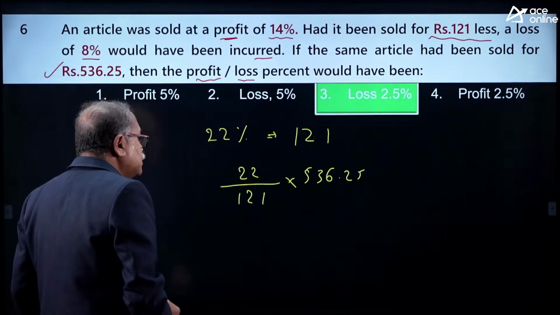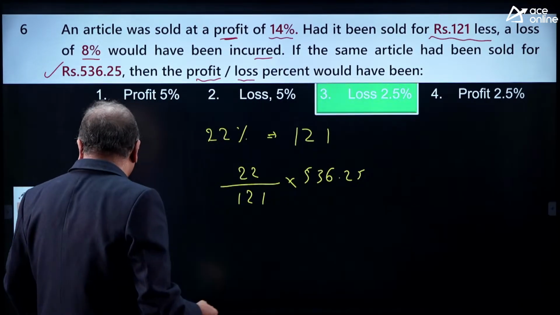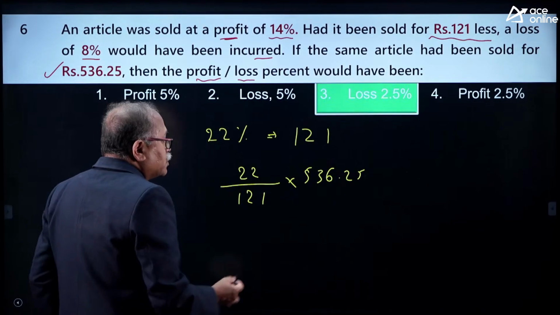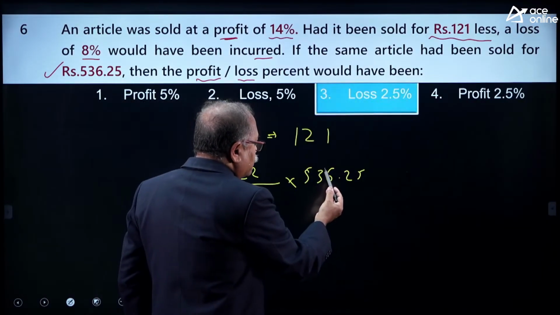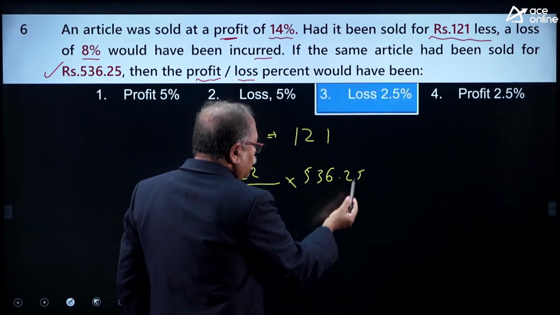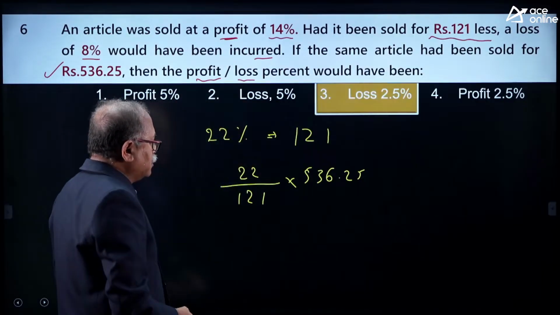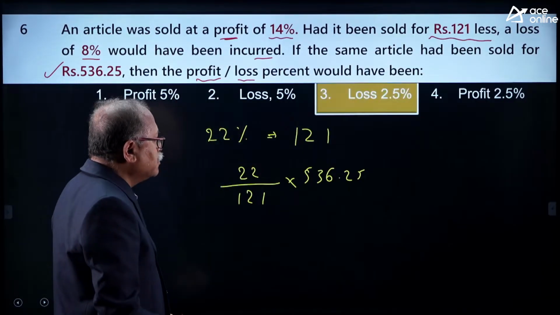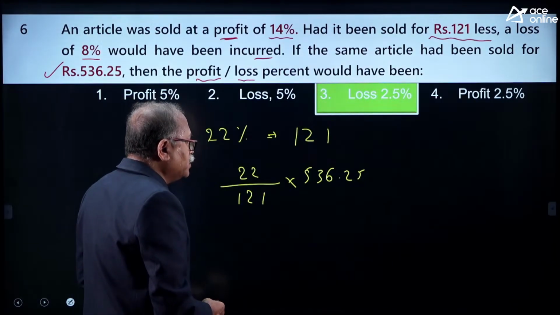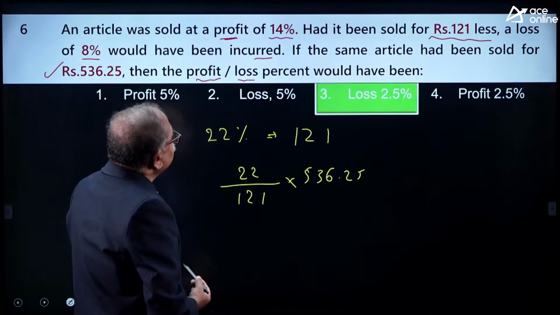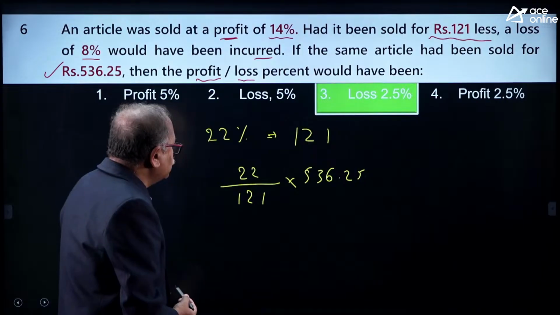If I cancel this, I notice that both numbers should get cancelled by 11, but here it is 11 and here it is 10. It is not getting cancelled. So, I need to go with the options.